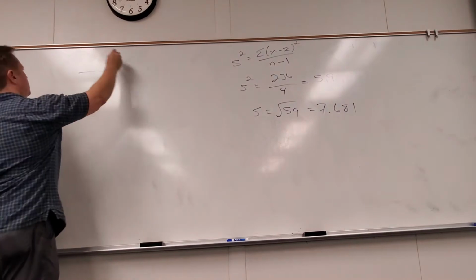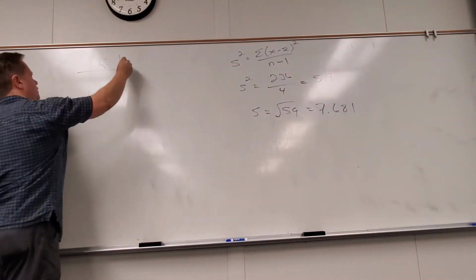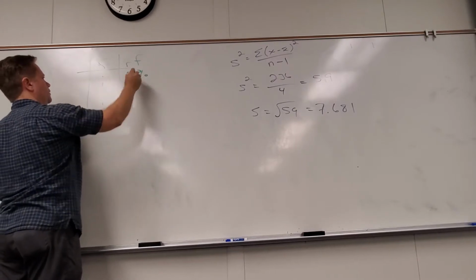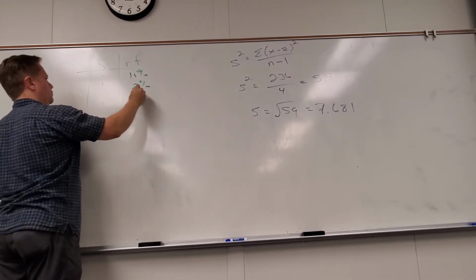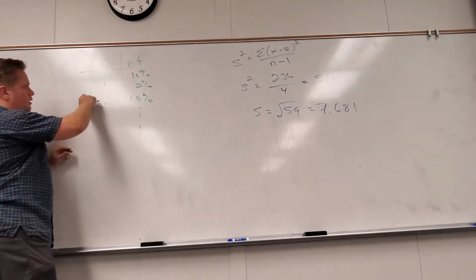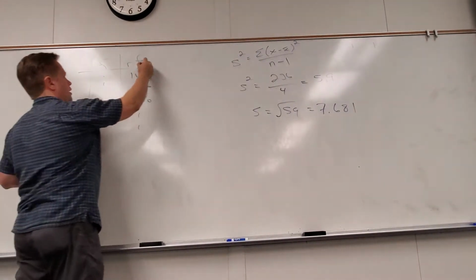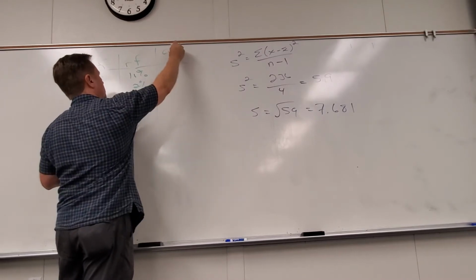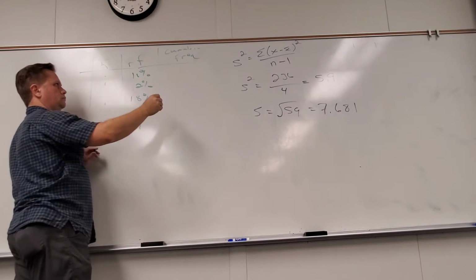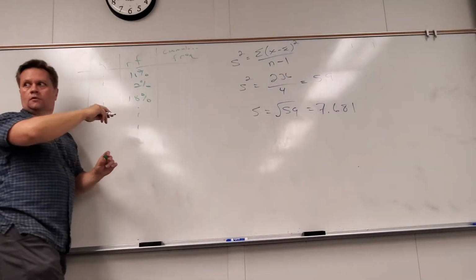So let's say we already have frequencies and relative frequencies. This is like 11%, 2%, 18%, whatever, right? Is that cool? So you've already done all this work. How do I start off my cumulative frequency? Yeah.